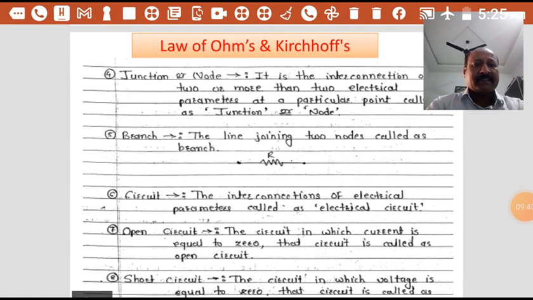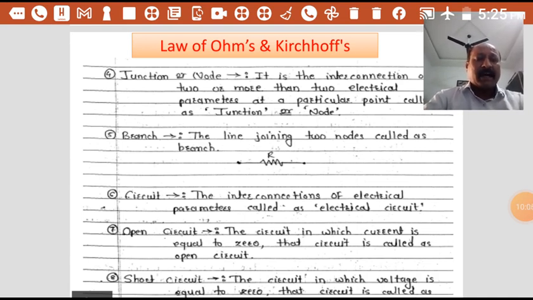Then electric circuits are further classified. First, the open circuit. The circuit in which current is equal to 0, that circuit is called an open circuit. Sometimes in home appliances, what happens? Even though there is a supply at home, sometimes the fan or tube light refuses to start.